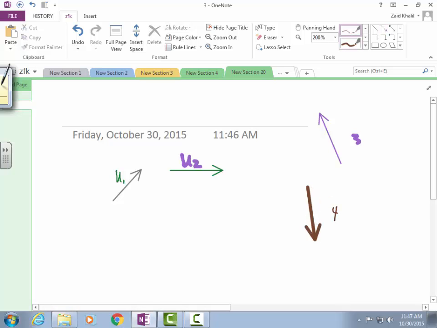And of course, what am I going to ask? What is U1 plus U2 plus U3 plus U4?